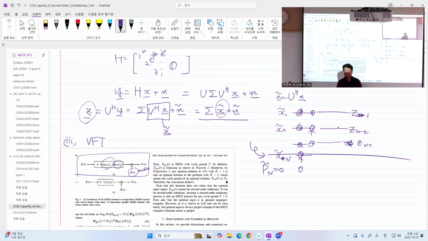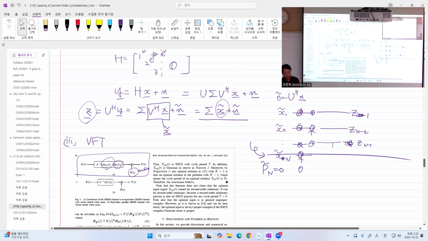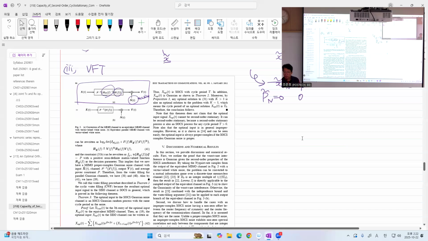vector random process. Of course, as will be shown in one of the subsections, you may choose twice the cycle period. In that case, you may have twice as many outputs, but all the capacity is preserved, and actually your water filling solution is exactly the same, in the sense that your input distribution of the continuous time random process has the unique distribution.